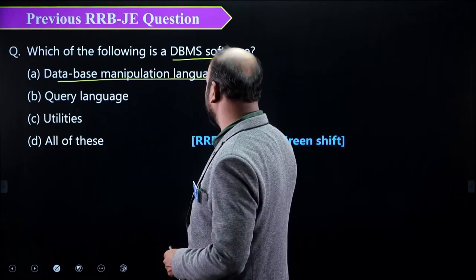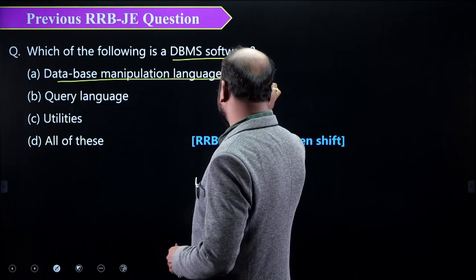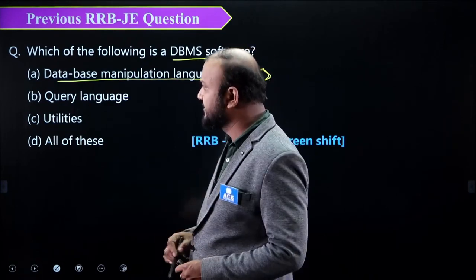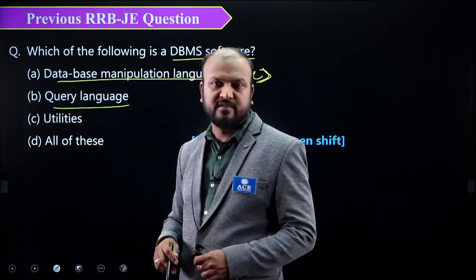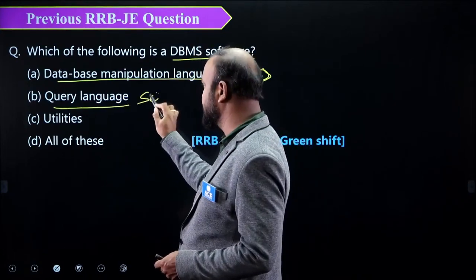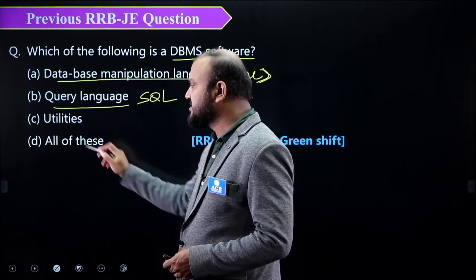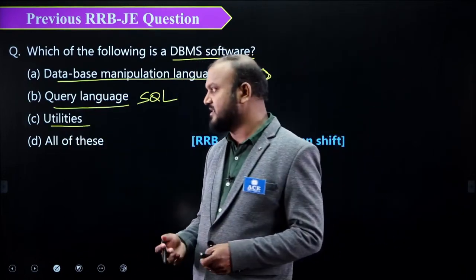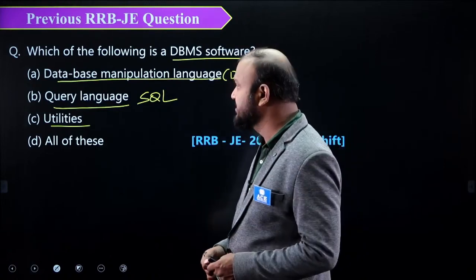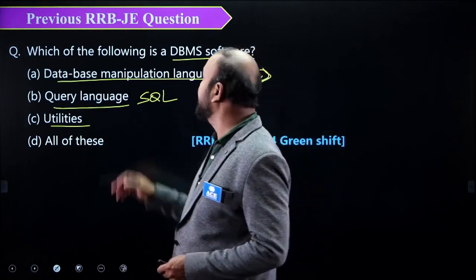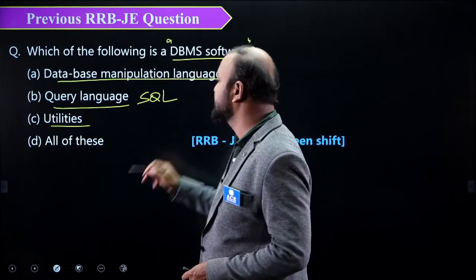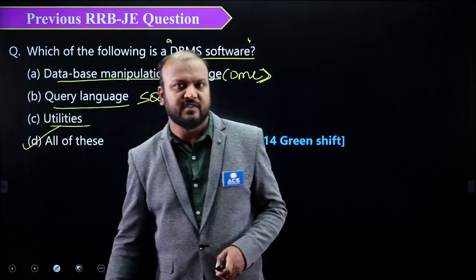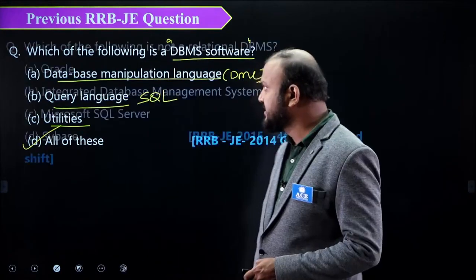We generally call it the DML language, and it is part of DBMS software. It should also have a query language like SQL, which is also part of databases. And some utilities like buffer manager, transaction manager, concurrency control manager are all called utilities. All of these form a database management system software. We can call all of these, right?